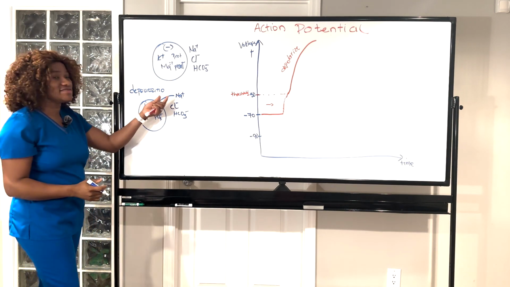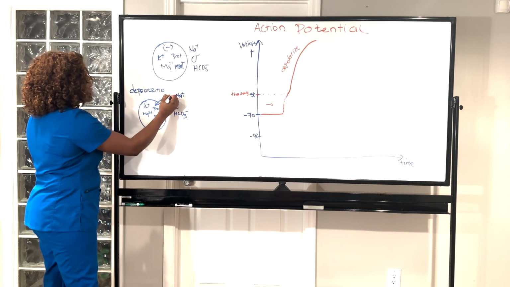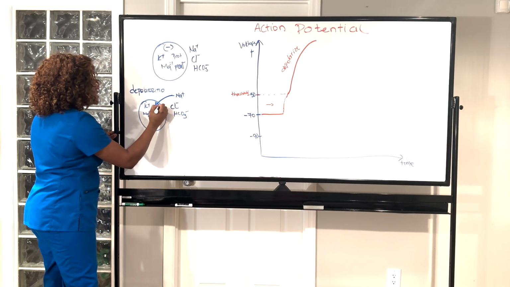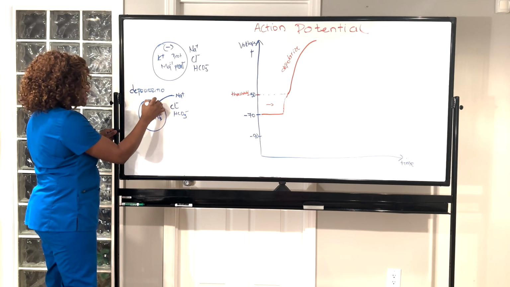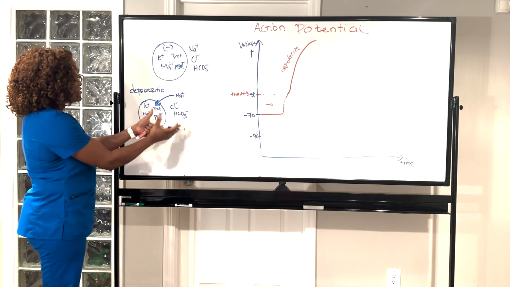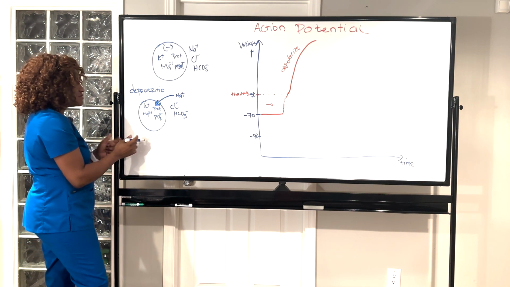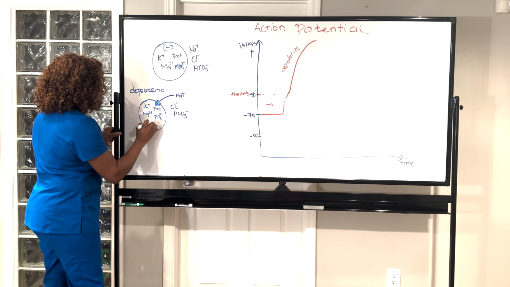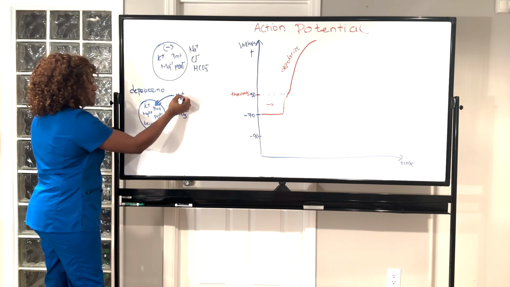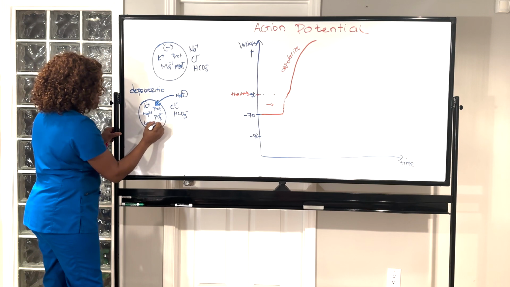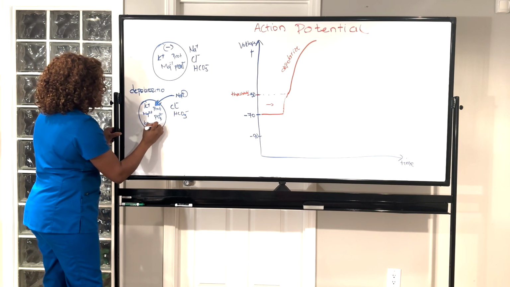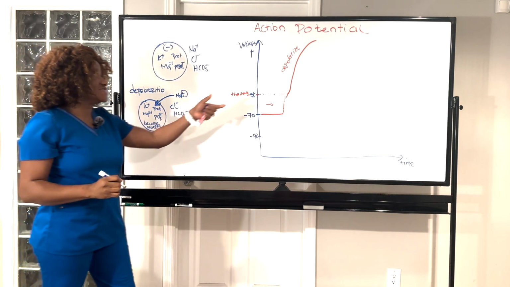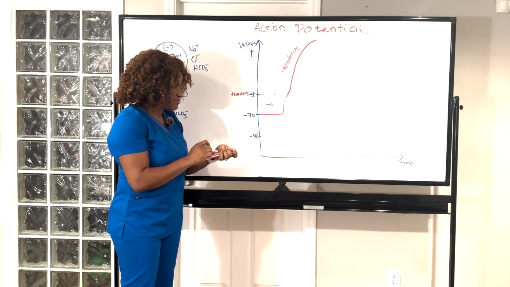When we have a depolarization, the sodium is going to massively go inside the cell through some ionic channels here. Now, when the sodium gets inside, the cell becomes more positive because the charges become more positive here, which creates the depolarization.